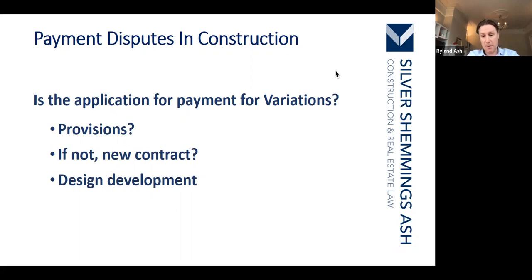And often if you don't have variation provisions, you get into complex arguments about whether or not the parties have agreed on an ongoing, case-by-case basis. But that's a very messy type of dispute, and it will be very costly to resolve. Ultimately, the straightforward position is, if you don't have variation provisions, you can't have variations under that contract. They shouldn't really be valued as variations.